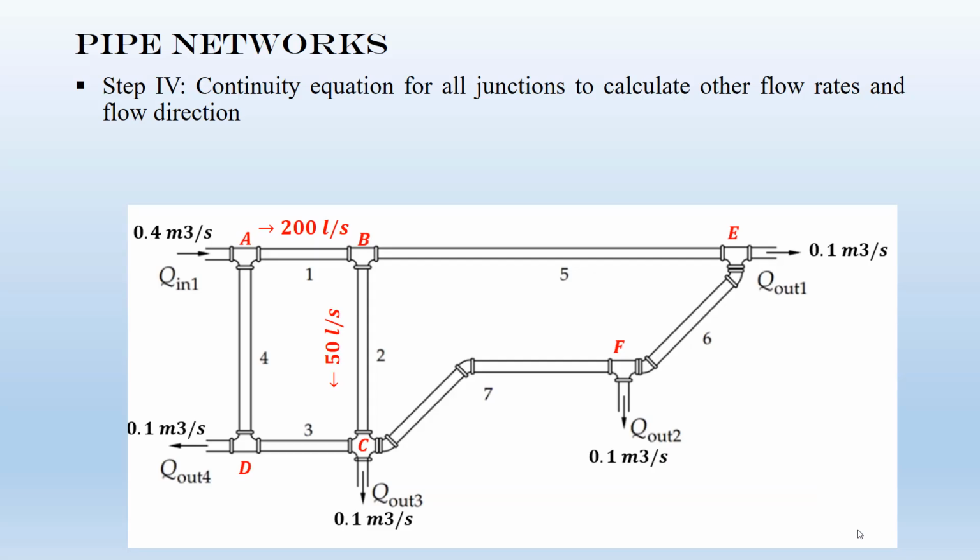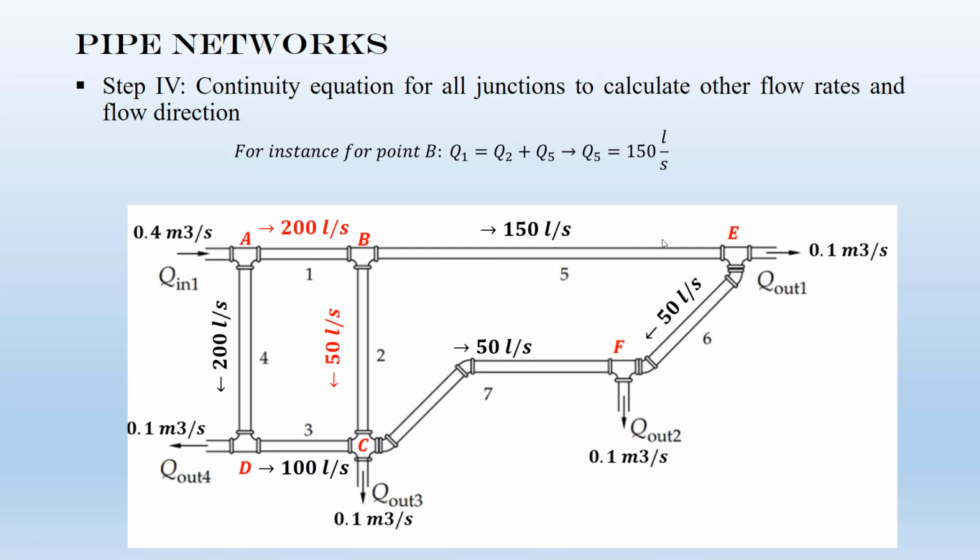Okay, so for instance, guys, for pipe 5, based on the continuity equation at junction B, the flow rate in pipe 5 is 150 liters per second, from left to right. So based on the continuity equation at each junction, I found the flow direction and flow values in all pipes.